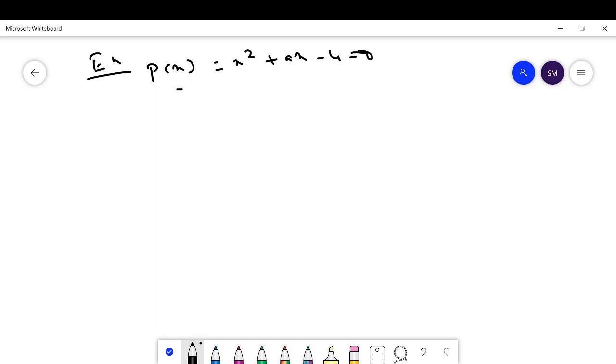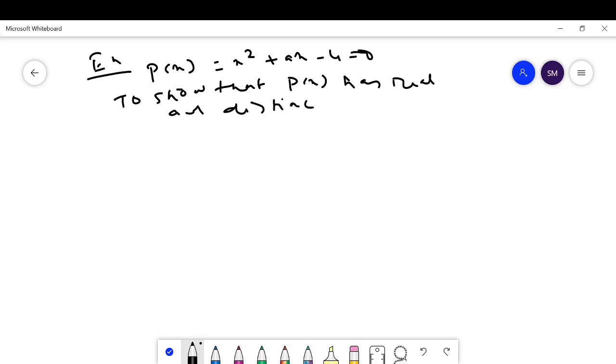Show that p(x) has real and distinct roots.